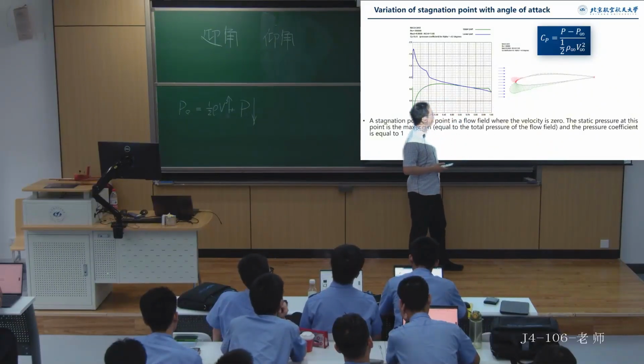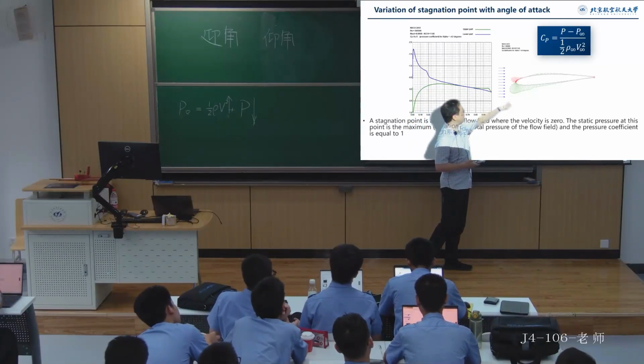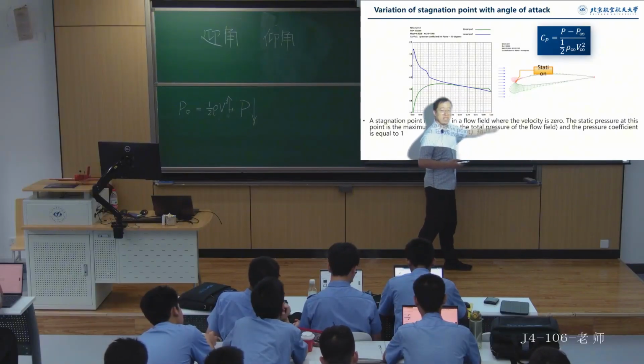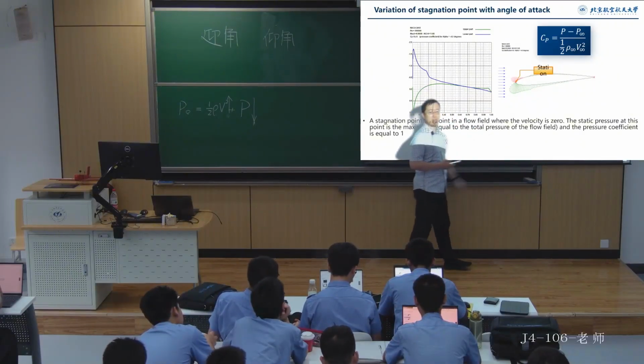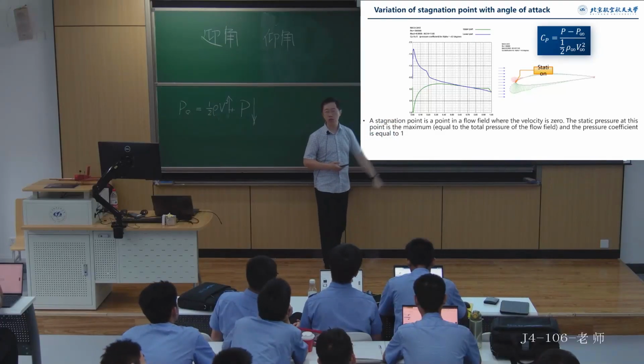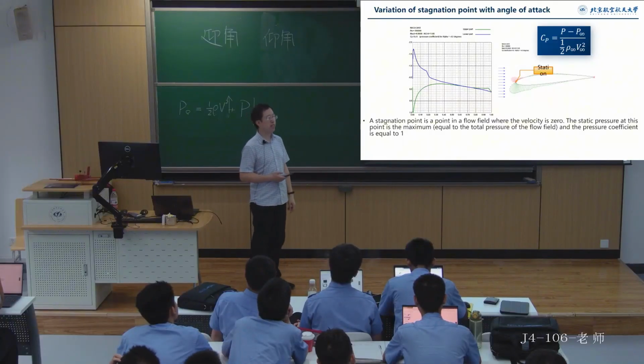Now, if I were to ask everyone about this point, the point next to the stagnation point, at this position, at this moment, its pressure is 0. So what can we say about the flow speed at this point? Its pressure coefficient is 0, the pressure is 0.